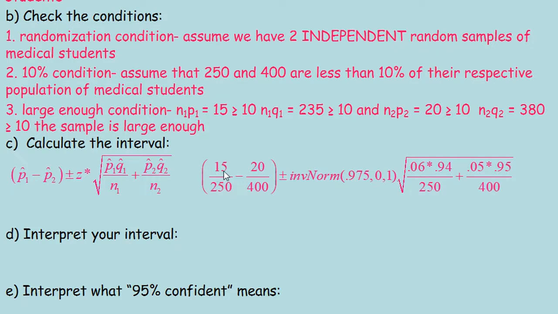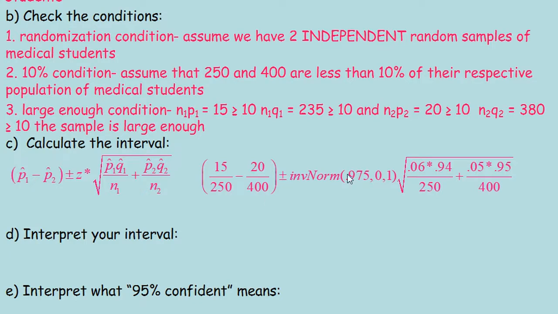So I'm going to put 15 over 250, which is the proportion of African Americans in this group of 250, minus my second sample, the Hispanics. So in a sample of 400, 20 medical students were Hispanic. So put minus 20 over 400.